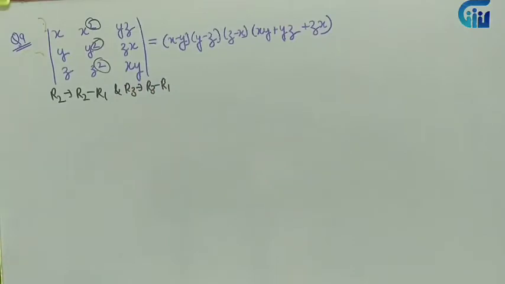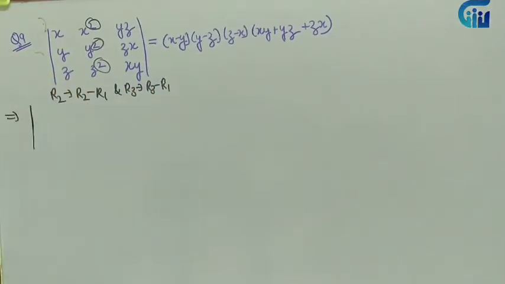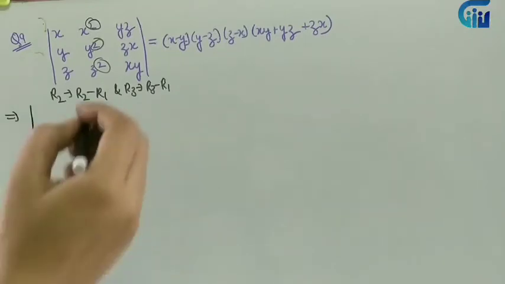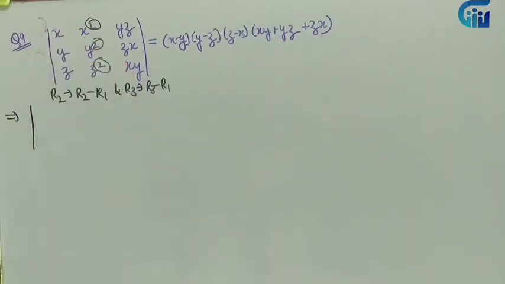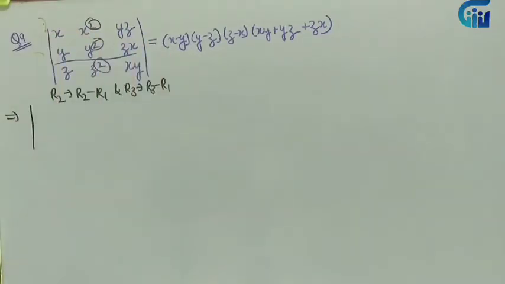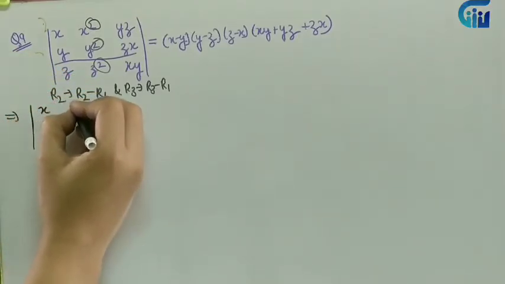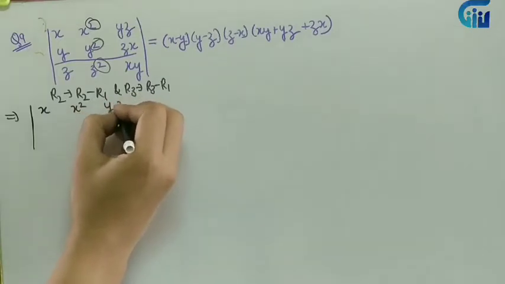So once I apply this operation, first of all let me work for R2. So if I start from R2, so what is my R2? My R2 is this. So from R2 what I have to do? I have to subtract all the corresponding elements of R1. Whatever element is present right above that, we have to subtract it from that element. So R1 will be unaffected, so we will write R1 as it is.